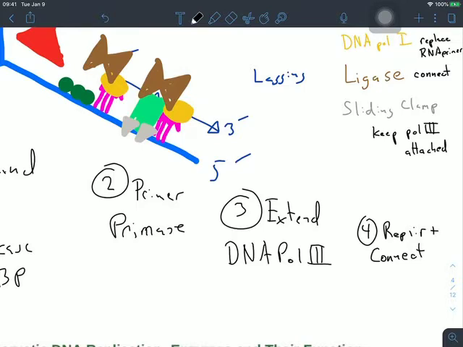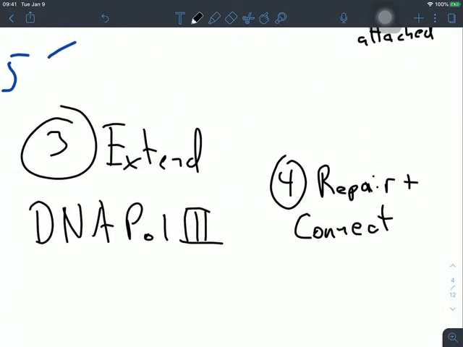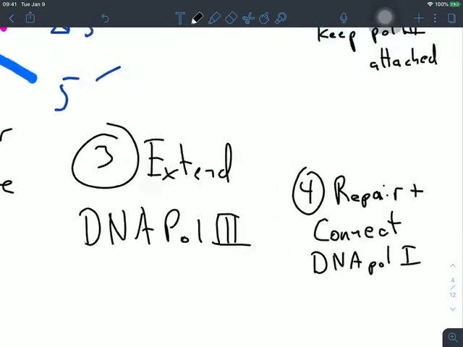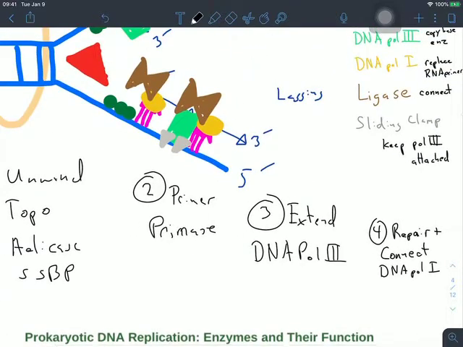And in the repairing and connecting stage, you're going to have the DNA Pol 1 replacing RNA primers, and ligase connecting disconnected strands.